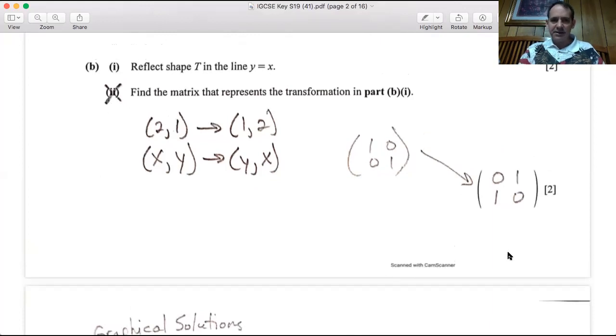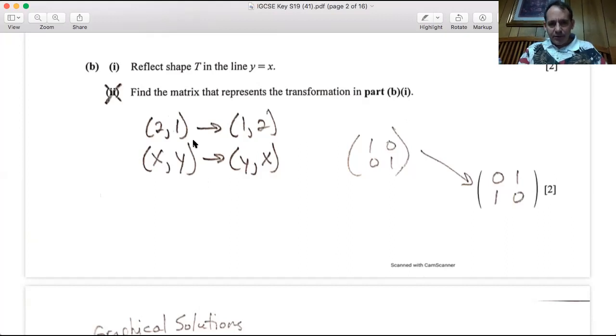If you wanted to double check, you could multiply this matrix, the 2, 1, times this matrix here, and you should get 1, 2 as your answer.